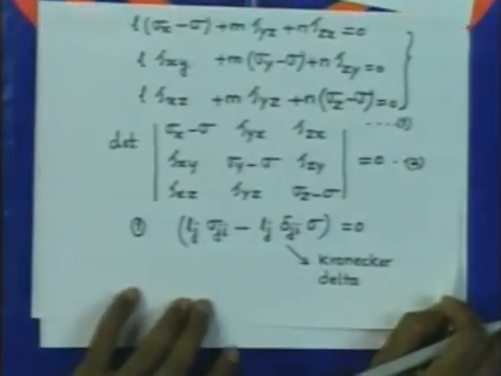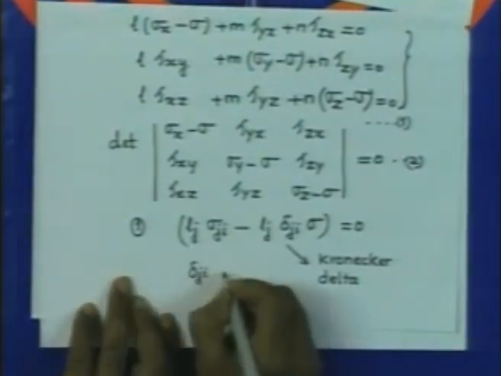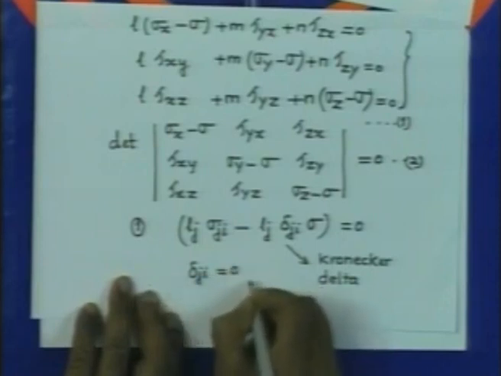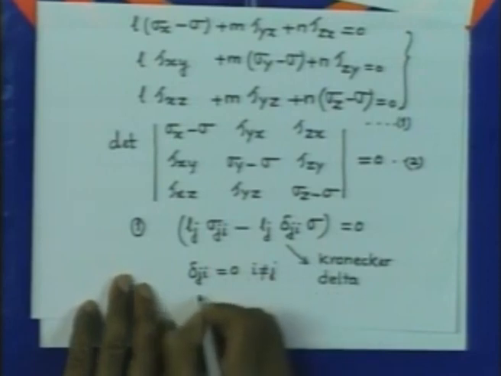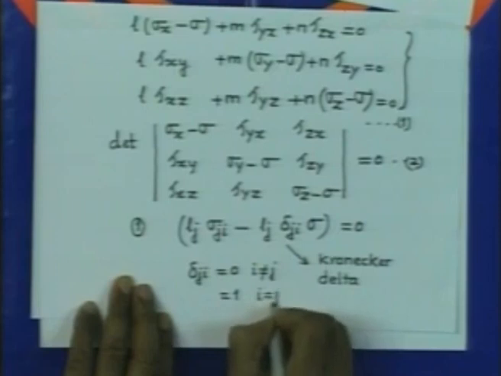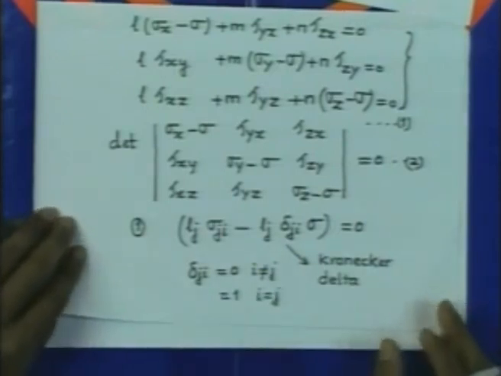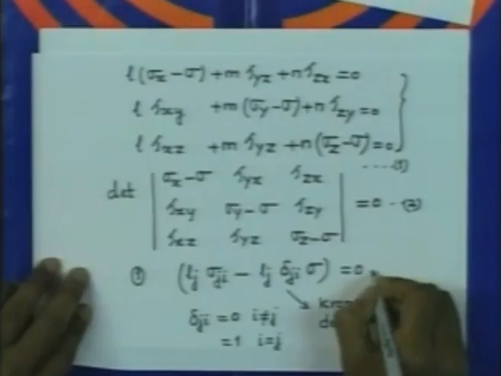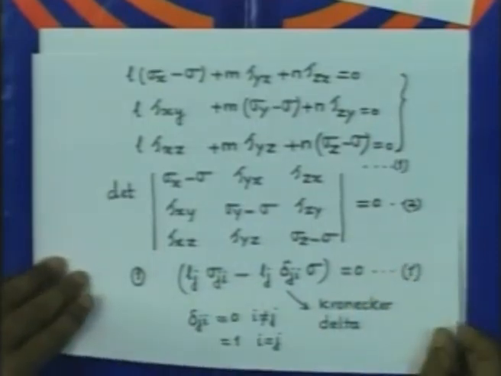This Kronecker delta has the characteristics that delta ji is equal to 0 when i is not equal to j, and it is equal to unity when i equal to j. So, with those implications, we can write the equation number 1 in this form. So, we will indicate equation number 1 dash.